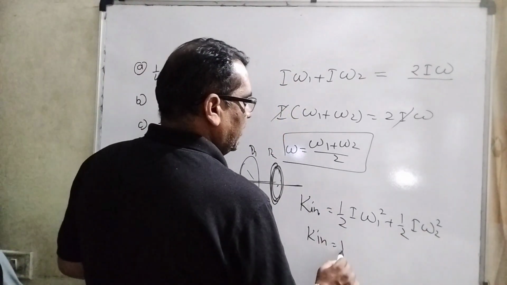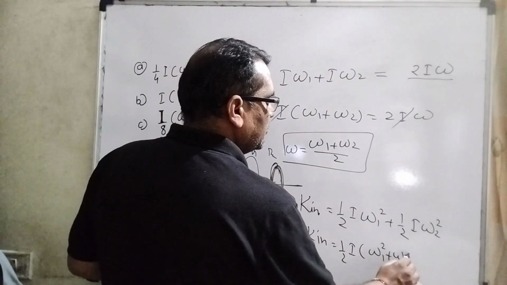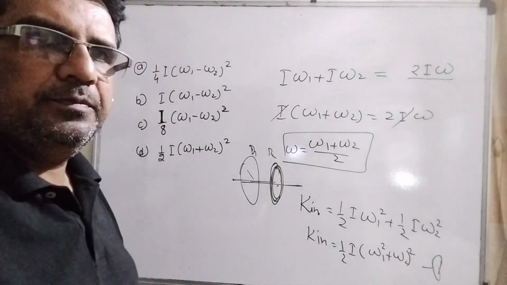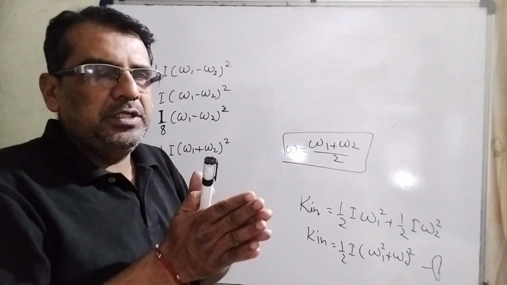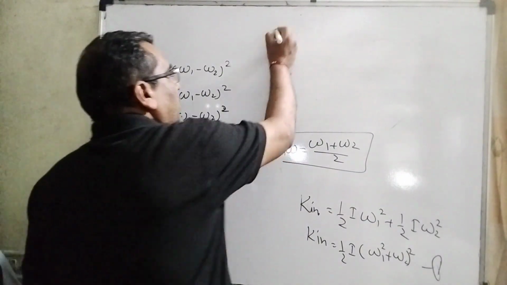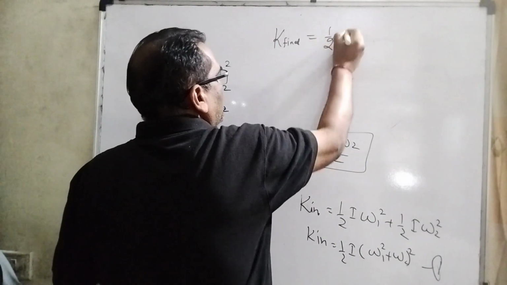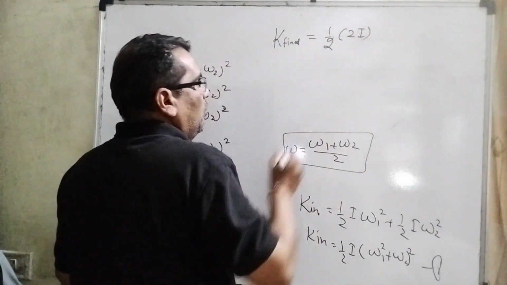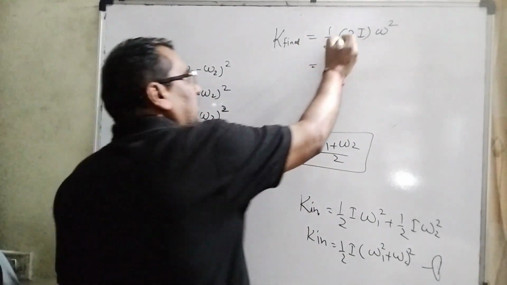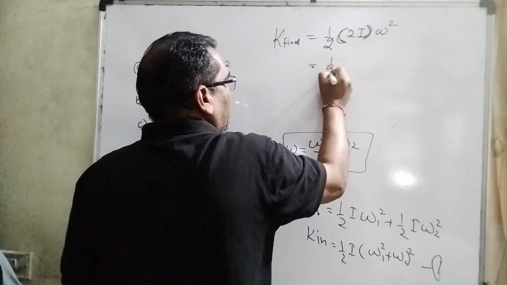Initial kinetic energy is 1 by 2 I, taking common, omega 1 square plus omega 2 square. This is the first equation. When the two disks combine together, the system loses kinetic energy. And what is the final kinetic energy? Final kinetic energy is 1 by 2 into 2I into omega square, the rotational kinetic energy with the moment of inertia of the system 2I.